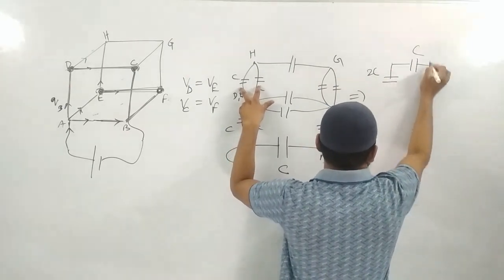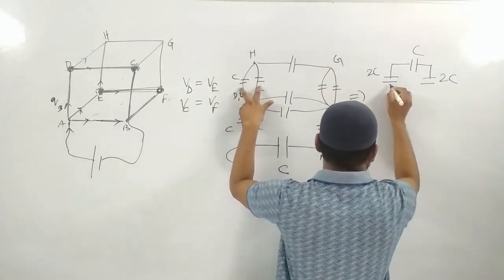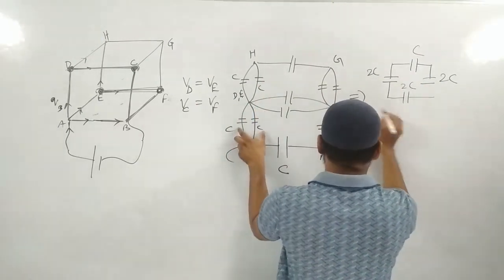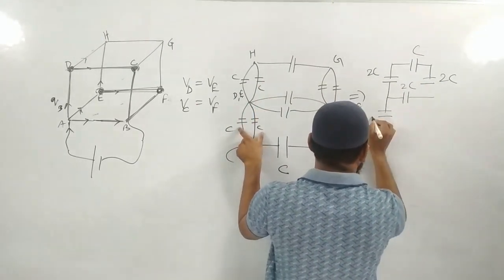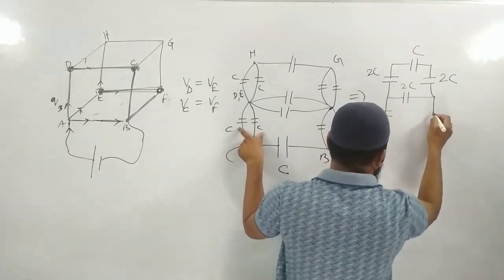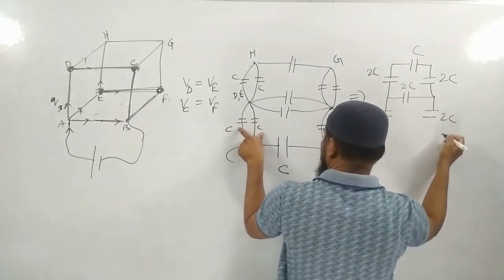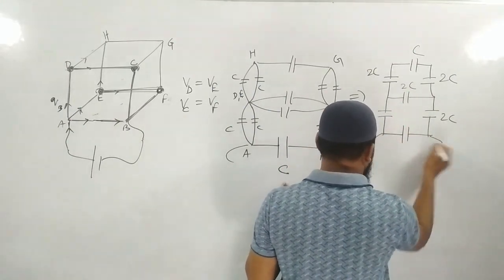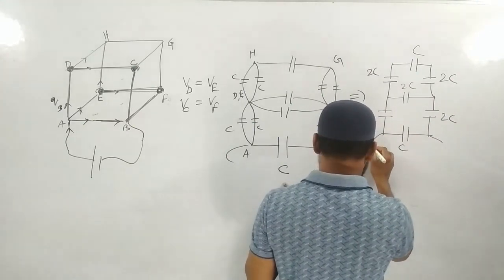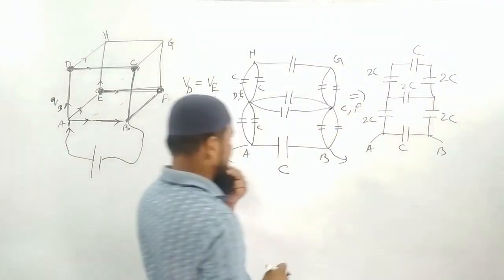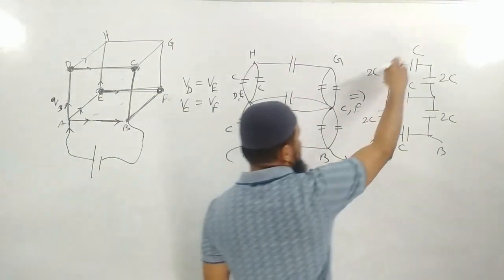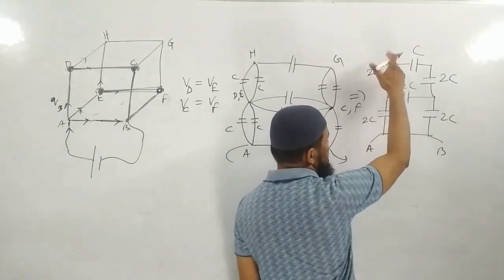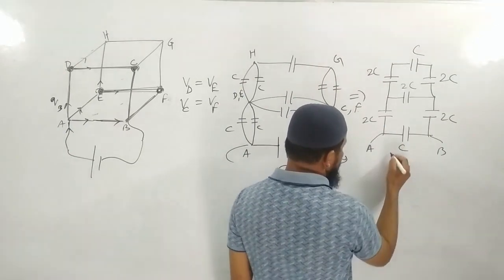Twice C, that is C. This side is twice C, in between twice C, twice C, twice C. This is C. Now these three are in series: twice C, and C and C in series, C by 2.